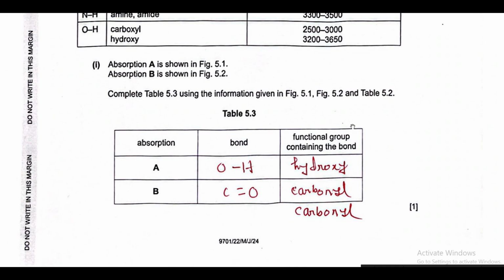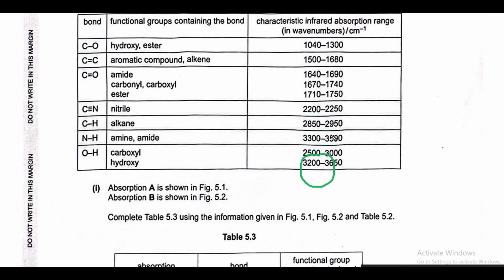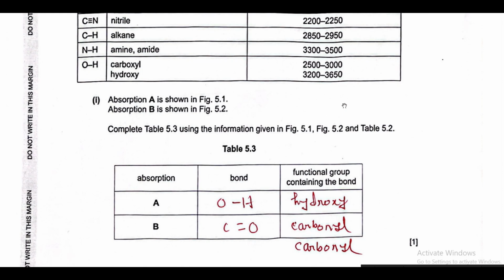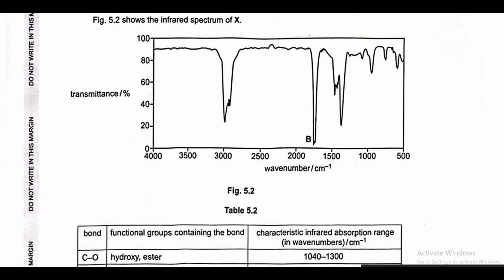This is the carbon-oxygen double bond, carbonyl, 1640 to 1740 wavenumber. So this is a carbonyl group peak.